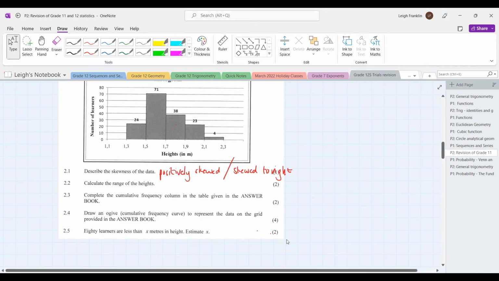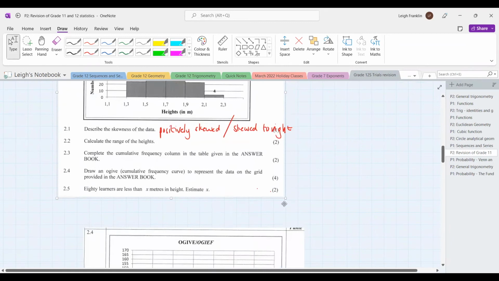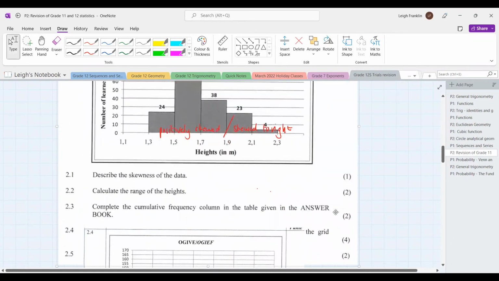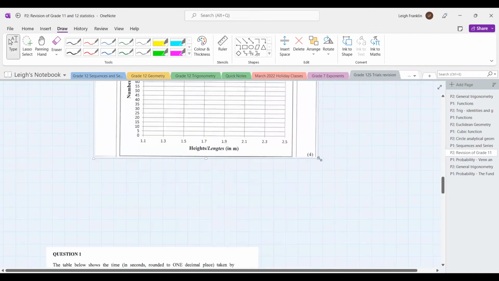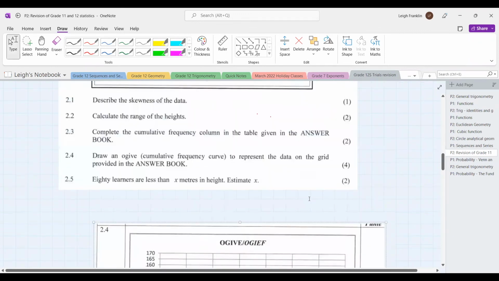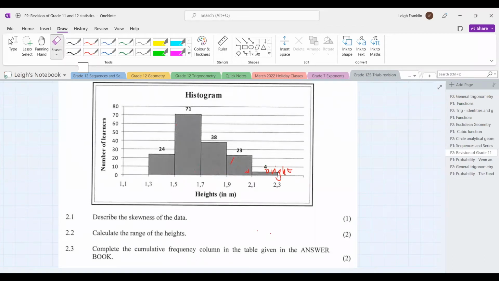Now they want us to calculate the range in height. Now I can finally make this a little bit bigger. So how are we going to calculate the range in people's heights?